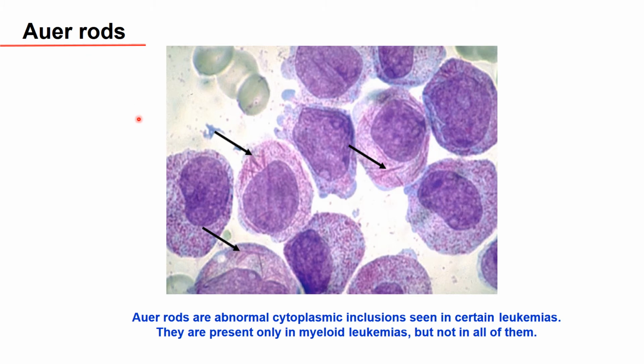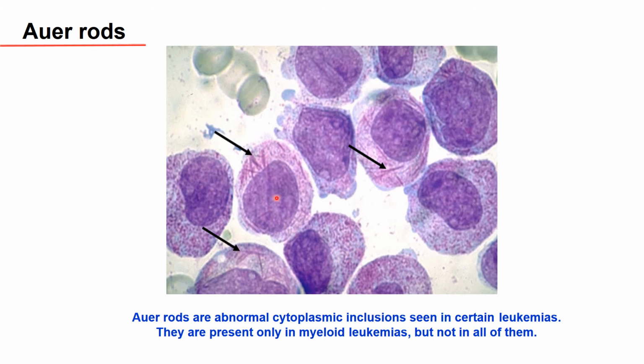Now, Auer rods are one feature that can be used to diagnose acute myeloid leukemia immediately. An Auer rod is a cytosolic inclusion, and especially it could occur in promyelocytic leukemia, but not in all of them.